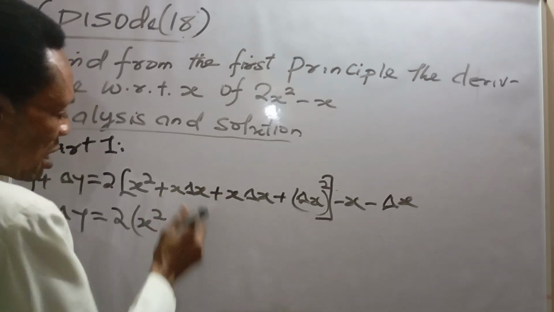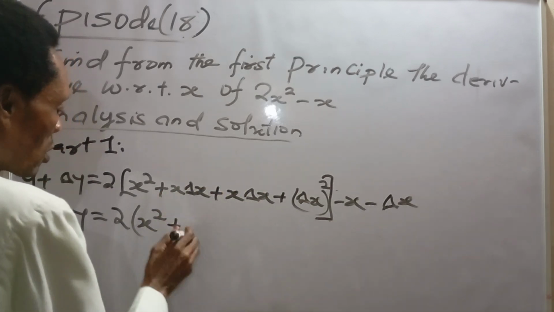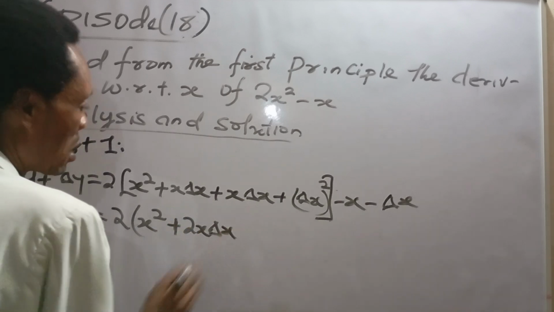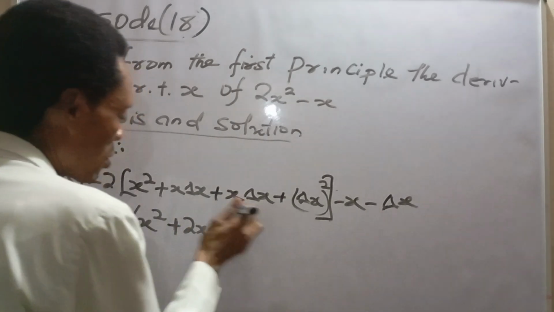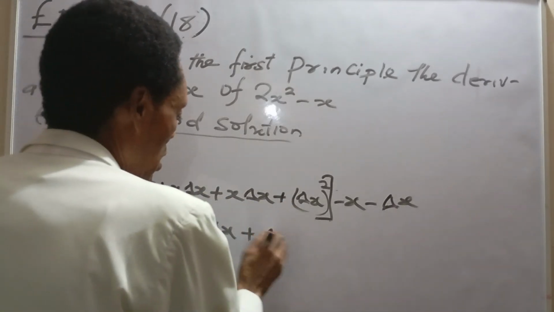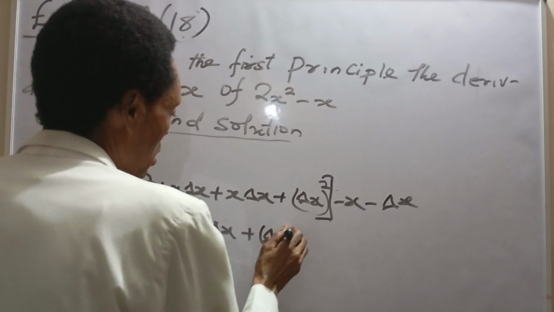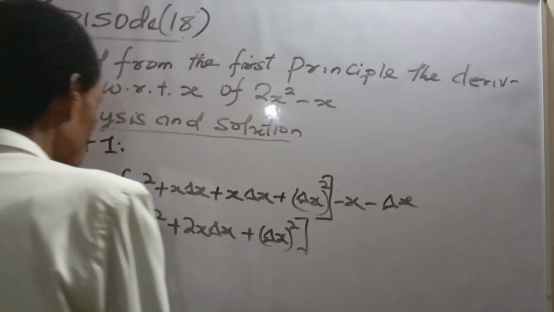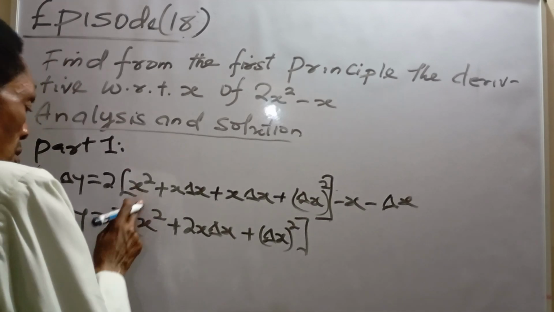Their coefficient is 1, 1, it will give you plus 2x delta x. Then plus delta x squared. Okay, let me use this.